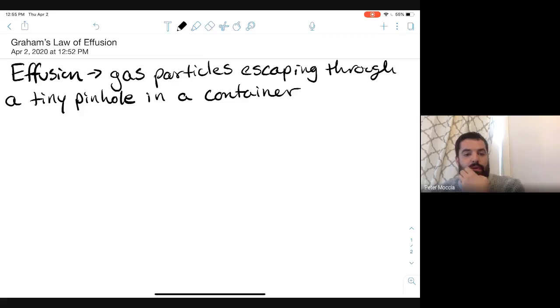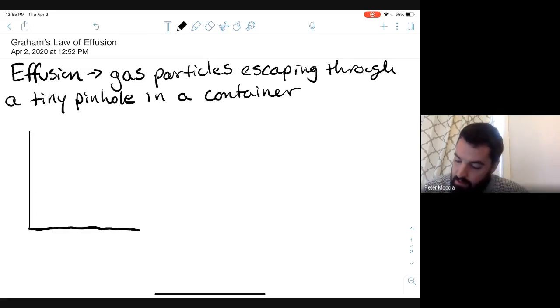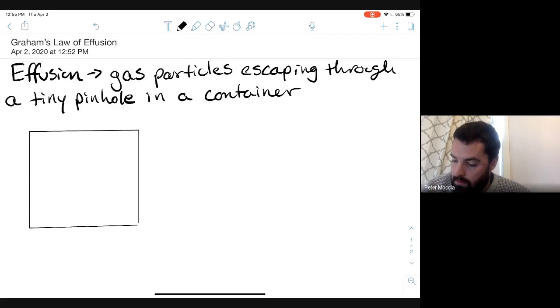So, for example, if I have a container, and let's say I have this tiny pinhole, you guys can see how it's not connected, right? The container's not connected right here.